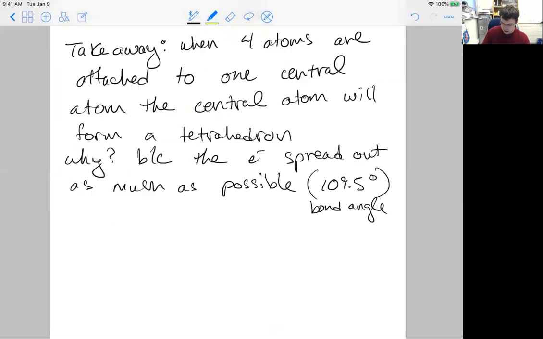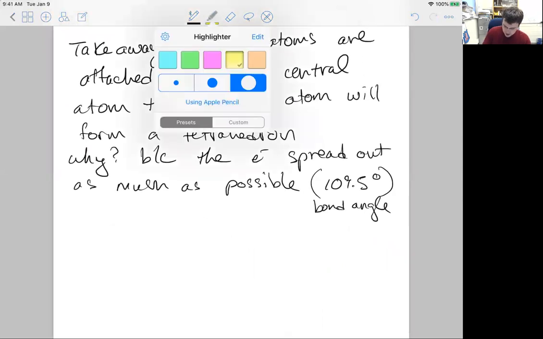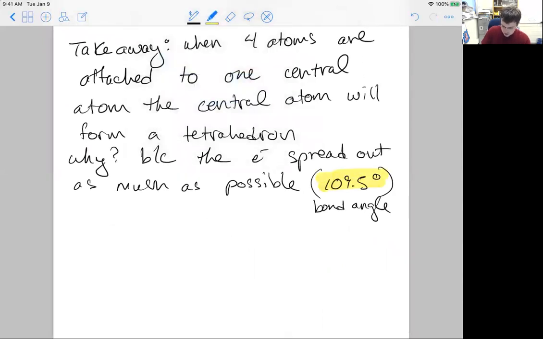Instead, we want to use the tetrahedron because the tetrahedron gets us to the number that everybody's going to want you to know, and that is 109.5 degrees. Okay, so where does this all come from? There's this idea that's a big deal in high school chemistry and general chemistry, and it's called VSEPR. This is the only time I'll ever say this abbreviation.